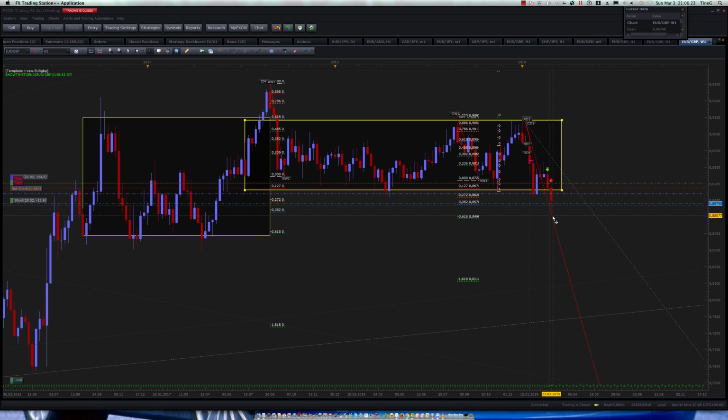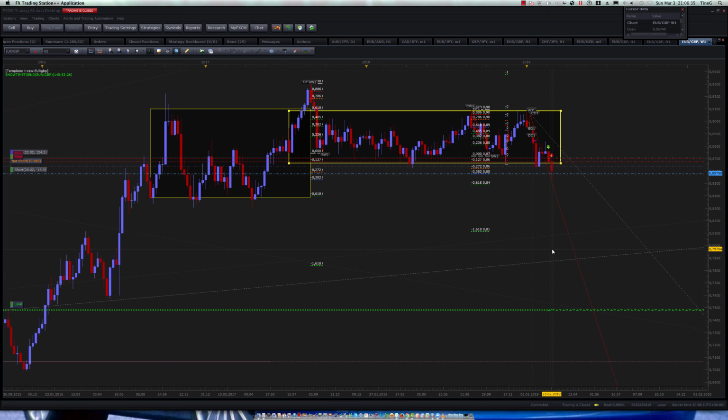Now if this market is designated to drop further, its next target will be at 0.8305. And my target is at a future support level, which is very low.